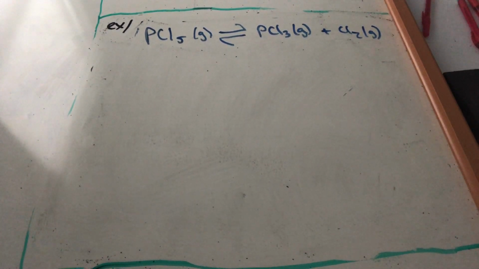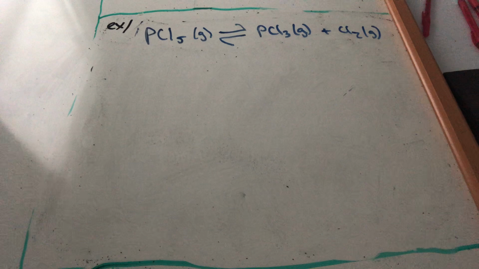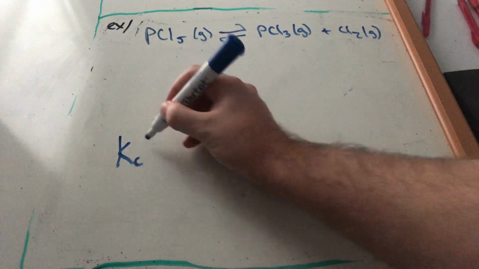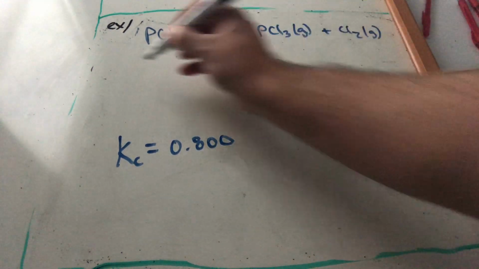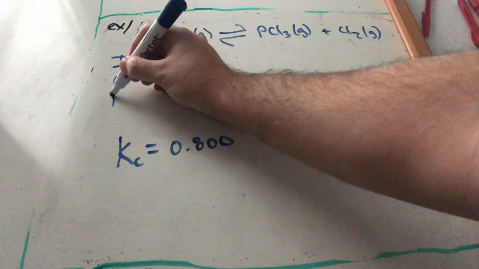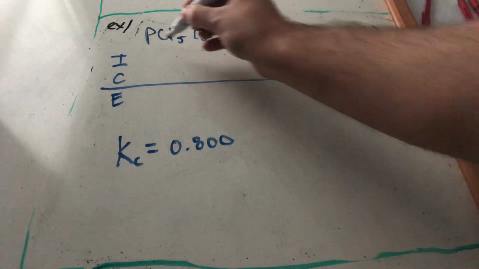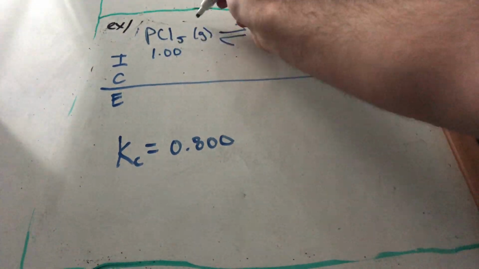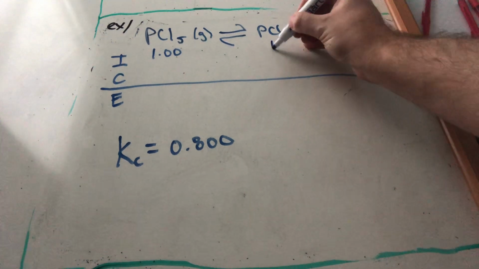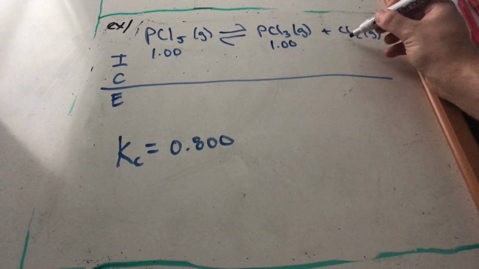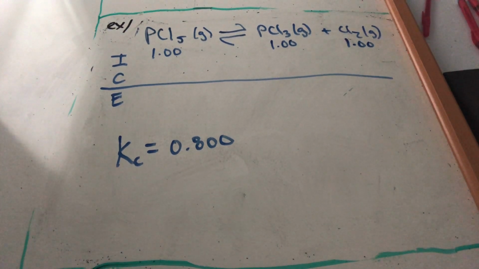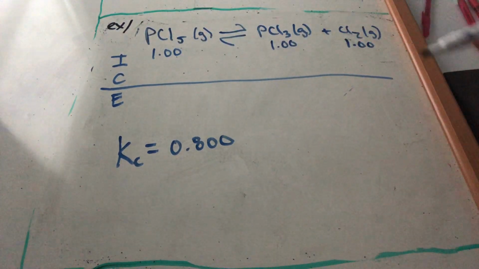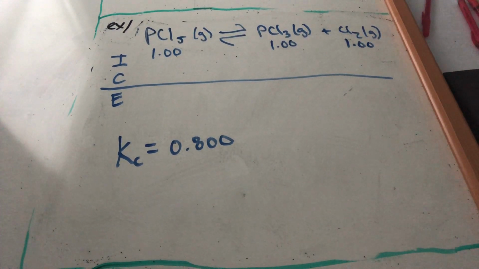Let's say that I give you a Kc that's equal to 0.800, and you read the problem and you figure out that you're given an initial concentration of 1 molar for this, an initial concentration of 1 molar for this, and an initial concentration of 1 molar for this. And that's all you're given for the problem. And what you want to figure out is what the equilibrium concentration of each species is.